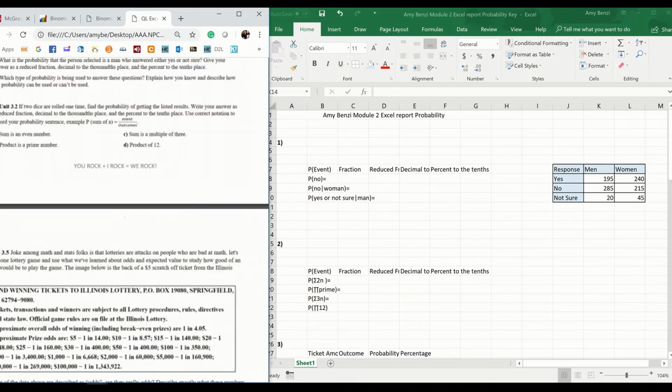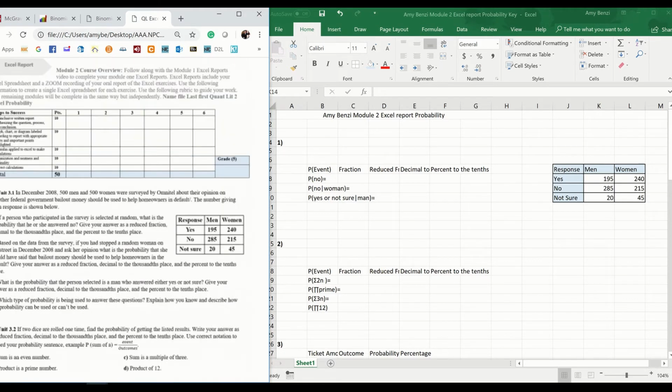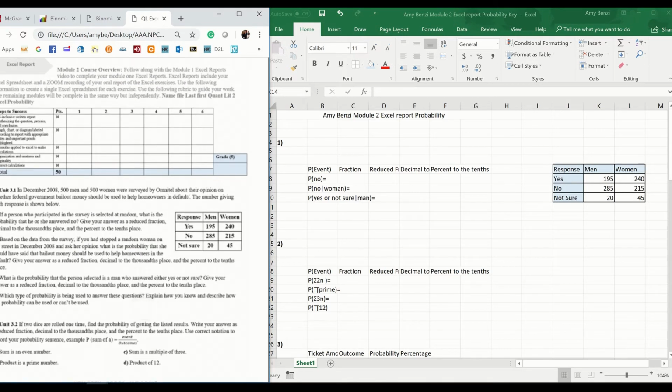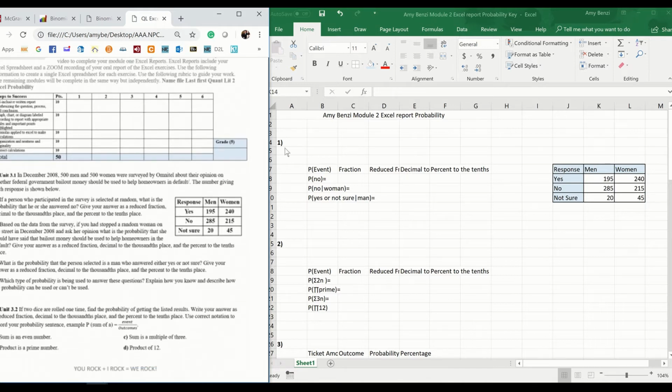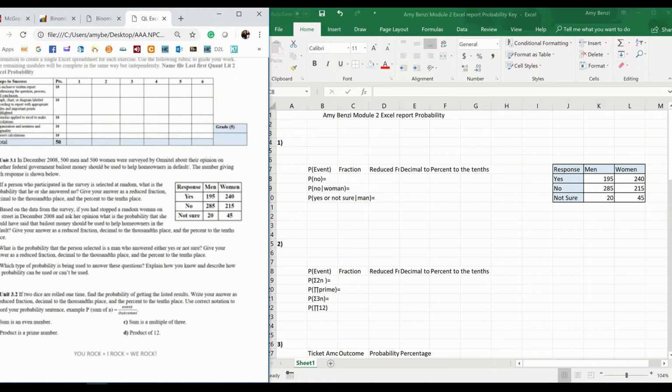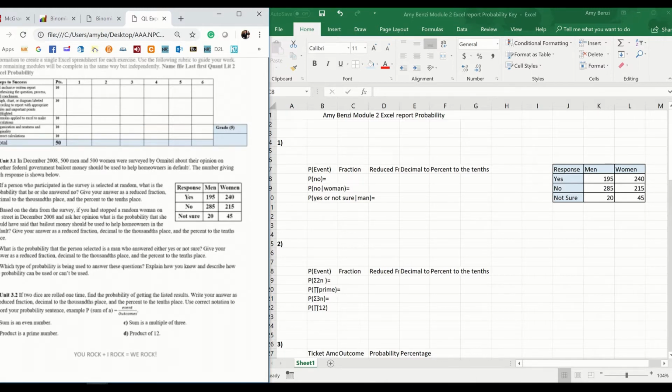So we do create a fraction when we're looking for probabilities, and let's go ahead and do that for number 1. I want to know the probability that somebody said no if they were a person. So right here, I don't really care if I'm dealing with a male or a female. It's just the probability if they were a person.